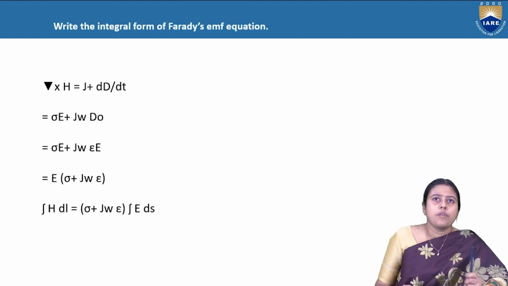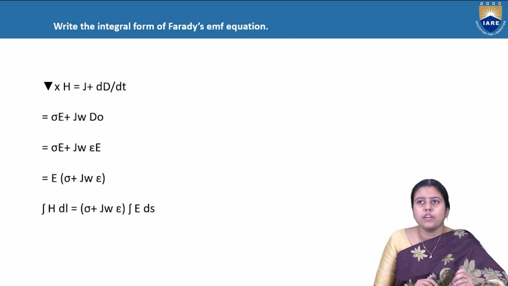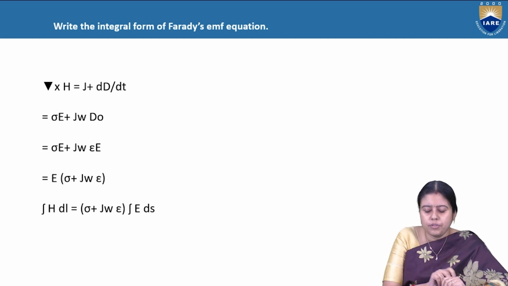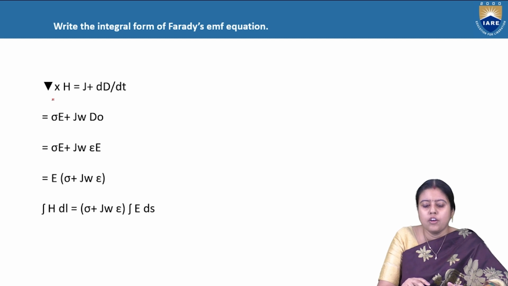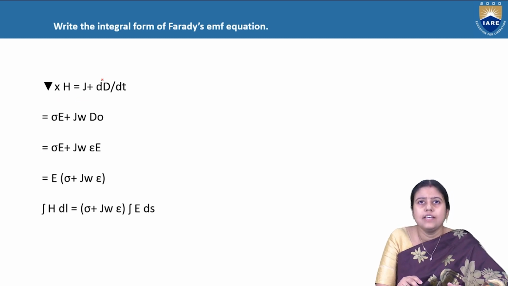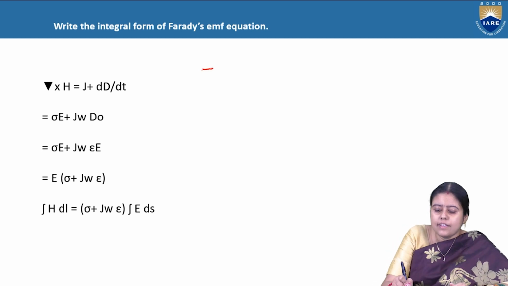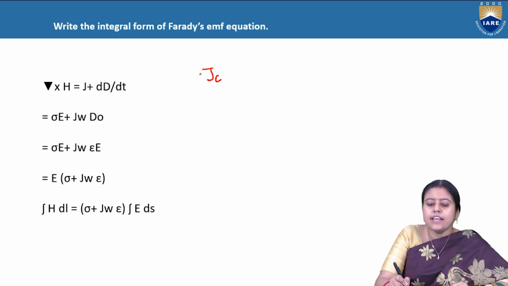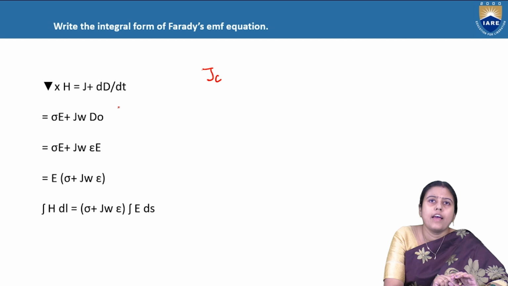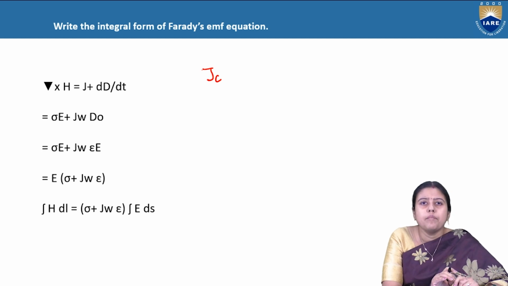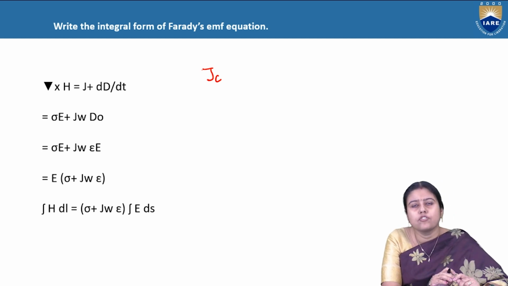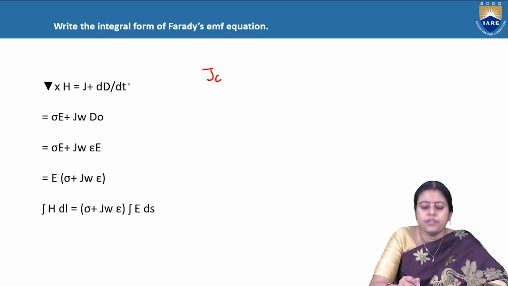Write the integral form of Faraday's EMF equation, or we can write it as the modified Maxwell's equation. We know curl of H is equal to J plus dD by dt. dD by dt is nothing but JC. When current flows through a coil, there is always some leakage or displacement current present. What is J?